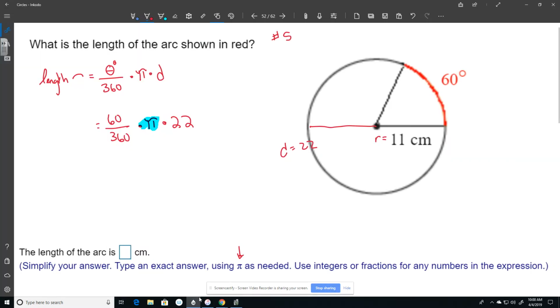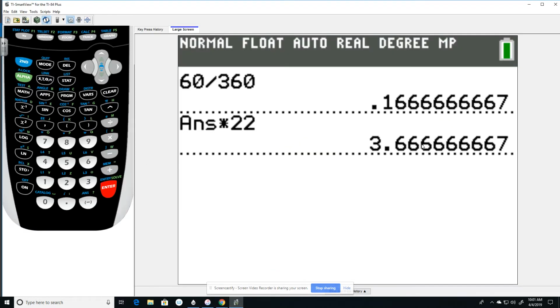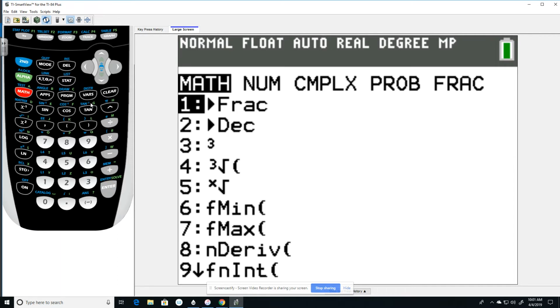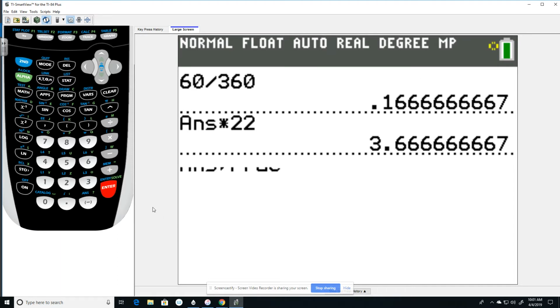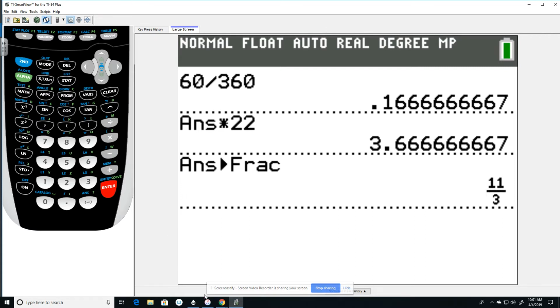Which might be a problem because if I have 3.6 repeating and then I still have pi, it wants an exact answer using integers or fractions. Or in other words, that decimal creates a problem. So to get around that, I need to turn this into a fraction. So math, turn my number into a fraction button, number 1, is going to turn that into 11/3.